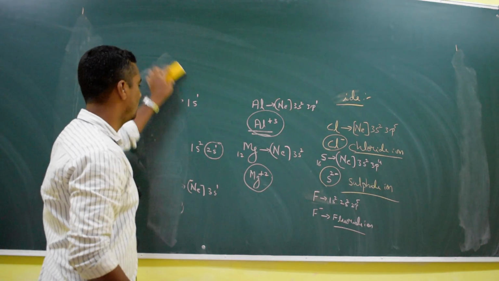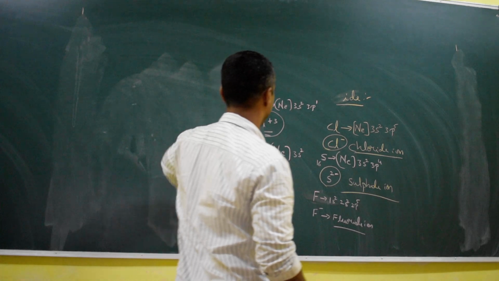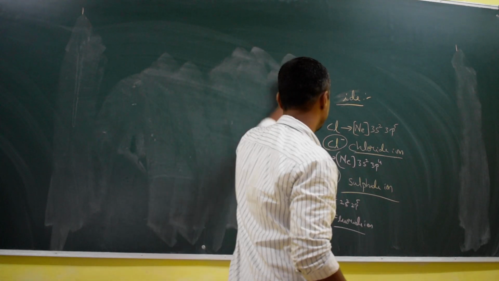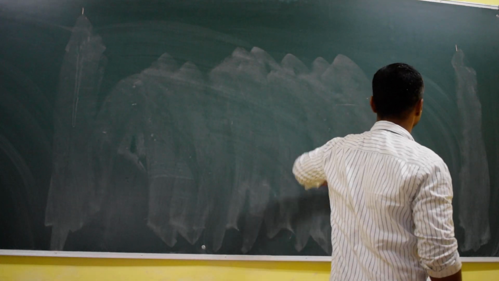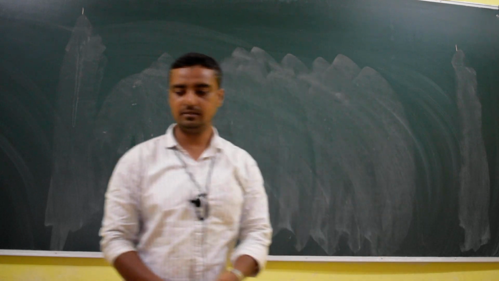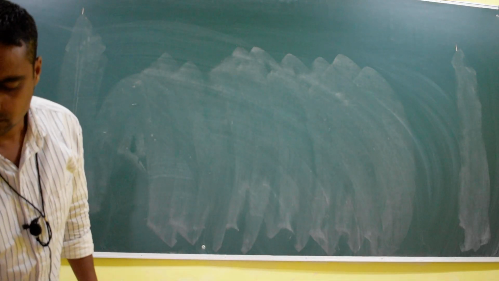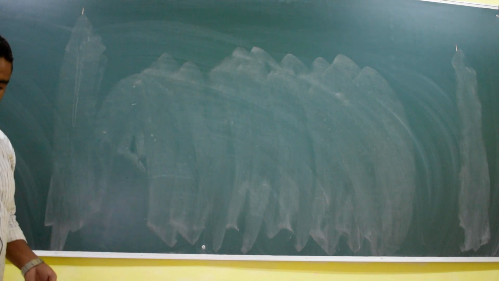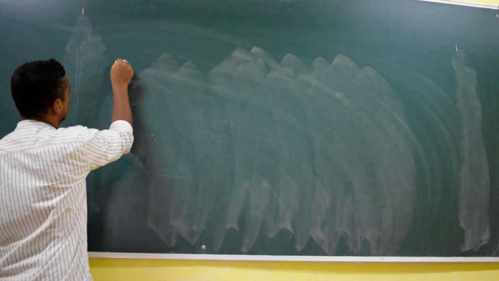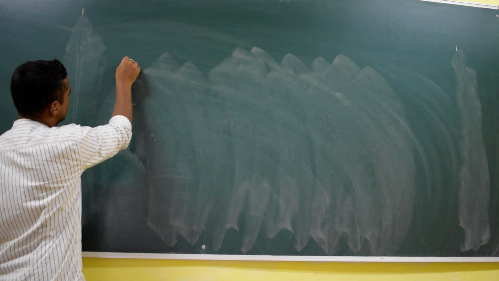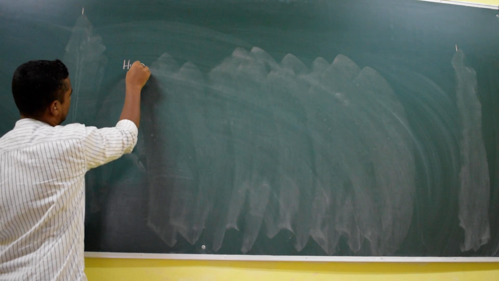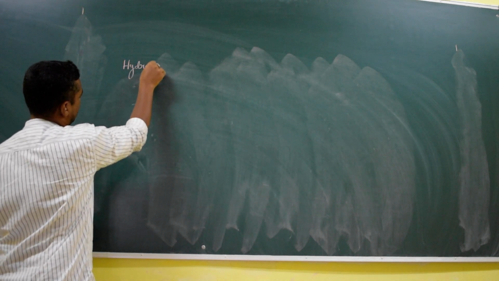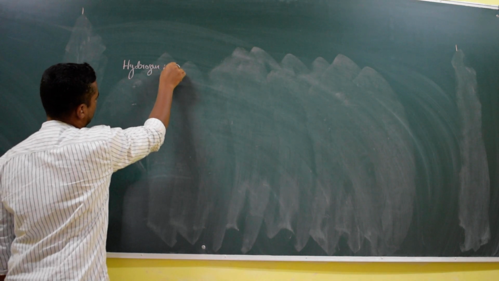First of all, we should know the naming of cations and anions. Here is the hydrogen ion, for which I will write the name and the symbol. Hydrogen ion is H plus.